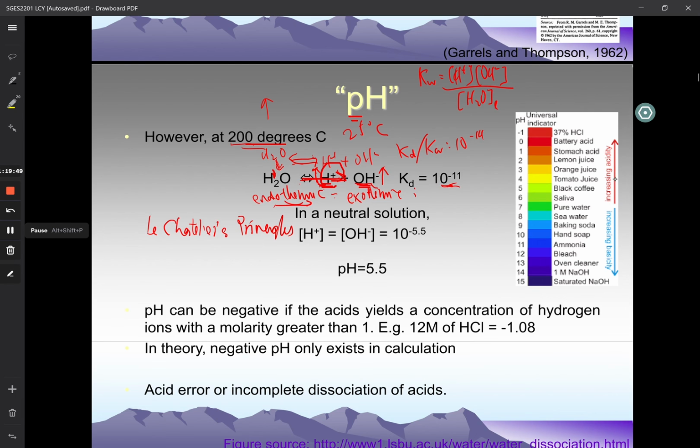So when the concentration of both of these increase, it means that the product will increase, and you have this reactant, which will decrease, right?